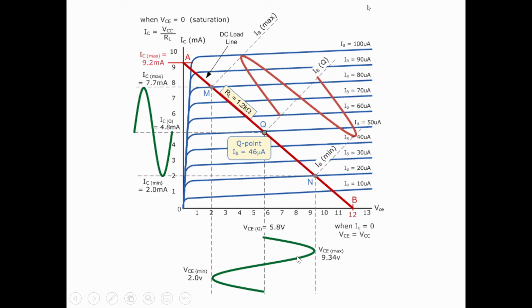Now, do you see this? That makes sense. Thank you. What I'm saying is that we have to bias it correctly. Biasing it correctly means deciding about that quiescent point.